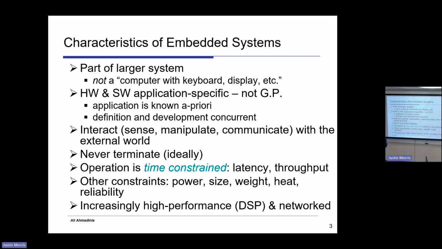We already know exactly what they need to do, and we design and tailor the device to do that specific application. So they are not a typical processor or a general purpose processor. They are application specific, and they usually work with an external environment.